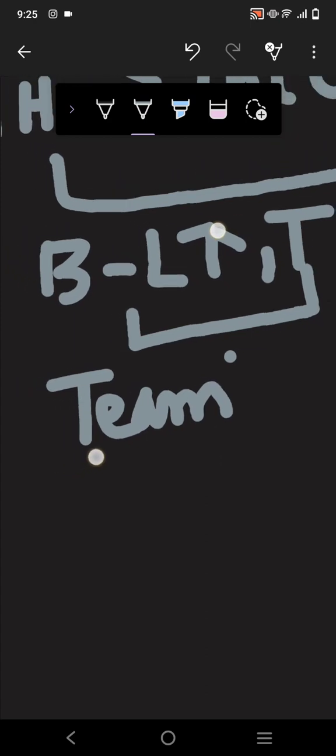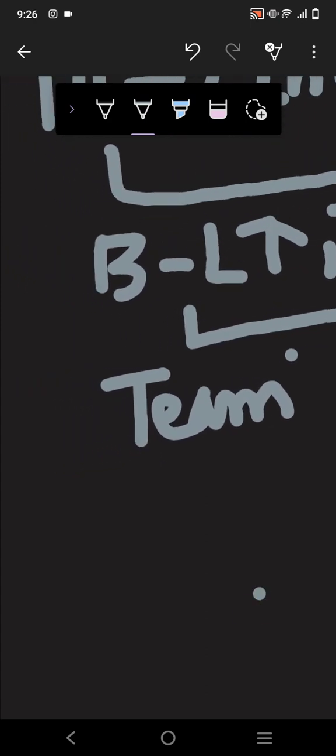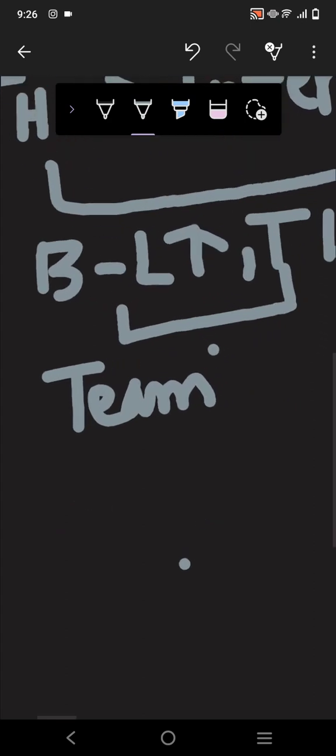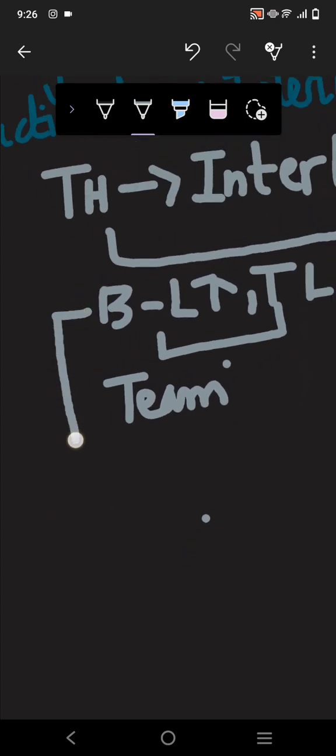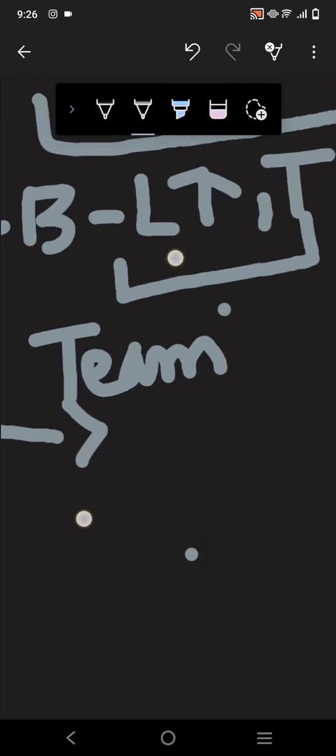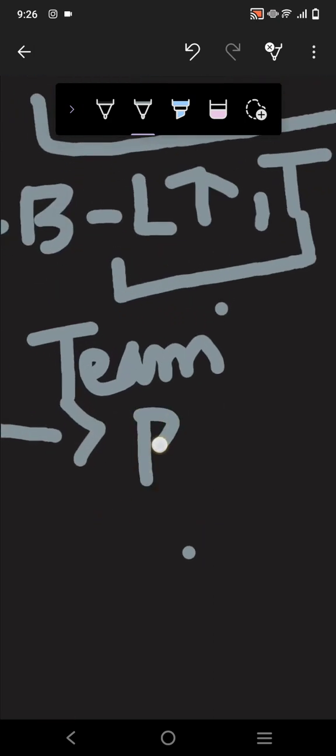And as we know, when the B lymphocyte activates, it will divide into plasma cells.